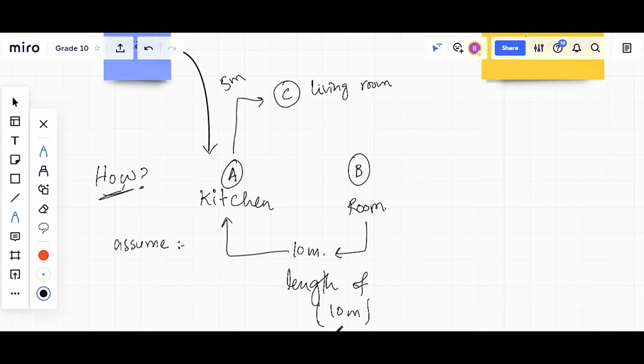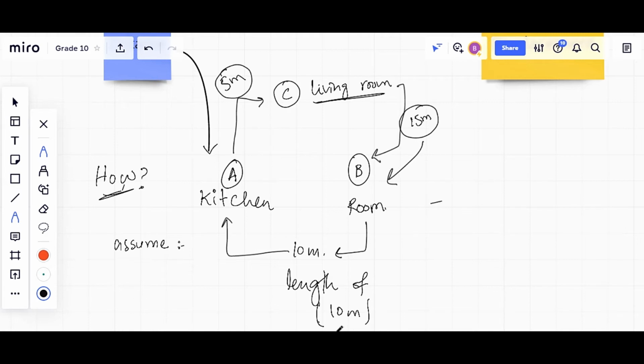Then from the living room you come back to the B point, which is 15 meters away from the room. So you get out of your room, cover a length of 10 meters, then cover a further 5 meters and reach the living room. You sit there for some time, watch TV or whatever, then you again cover a length of 15 meters and come back to your room.